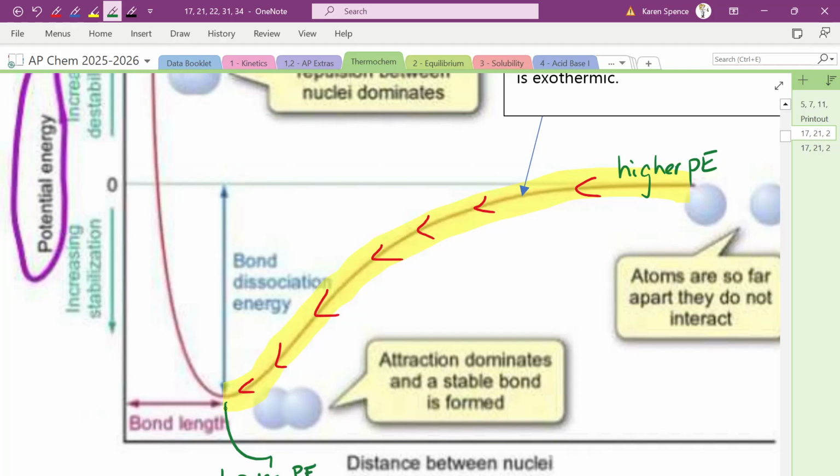And as things move from higher potential energy to lower potential energy, is that endothermic or exothermic? So that is exothermic. So that is why bond formation is exothermic. Yeah?